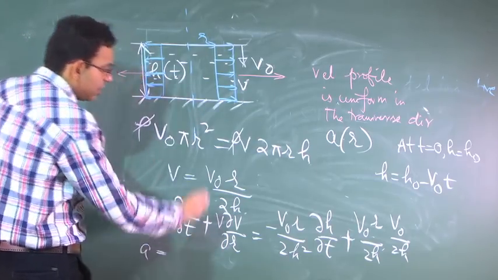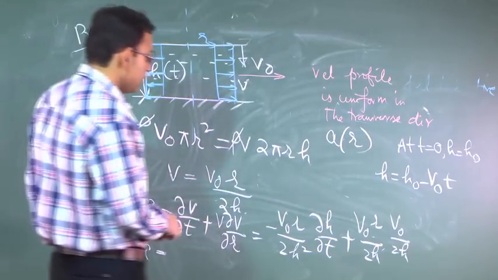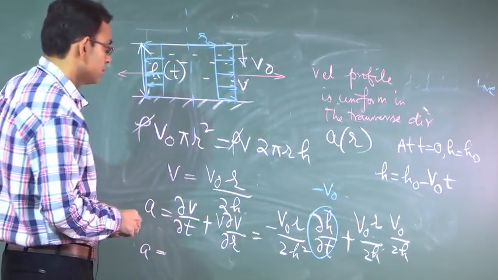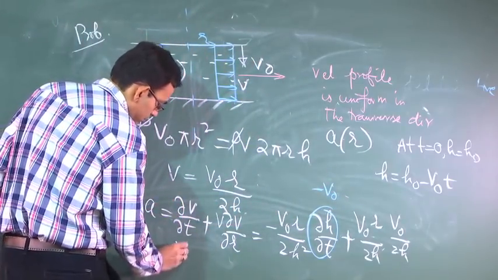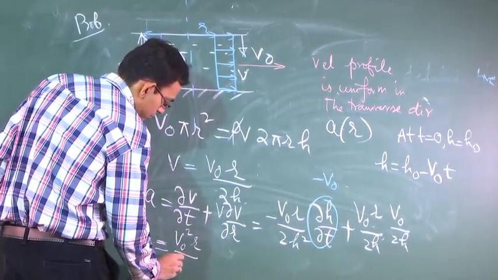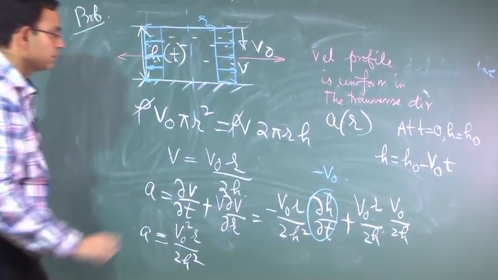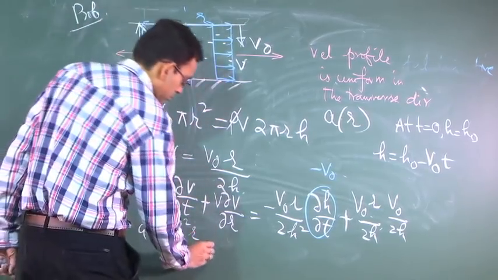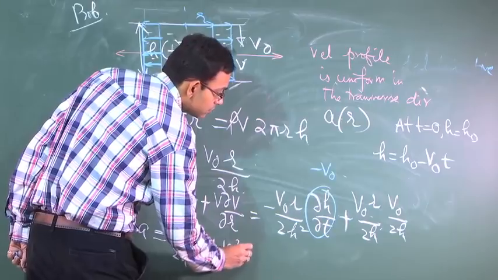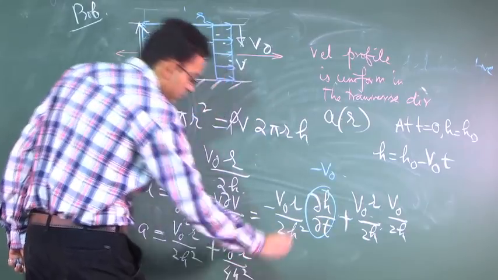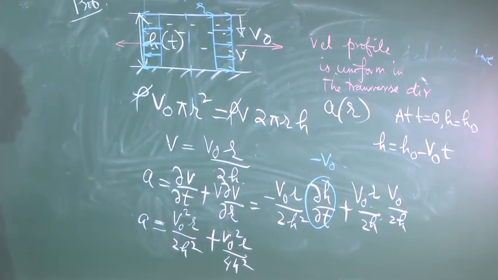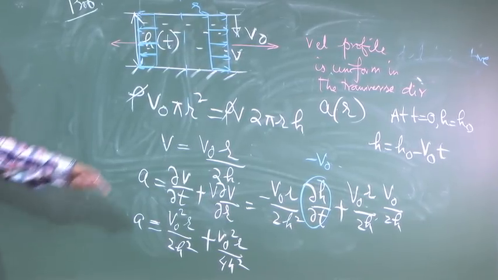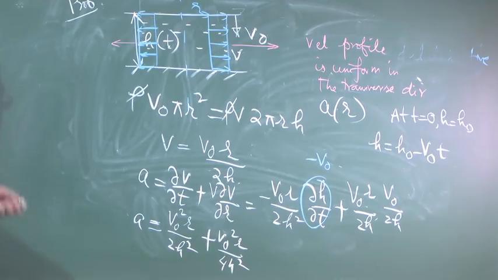So acceleration is, what is del h del t, is minus V0. So this is the total acceleration, okay.